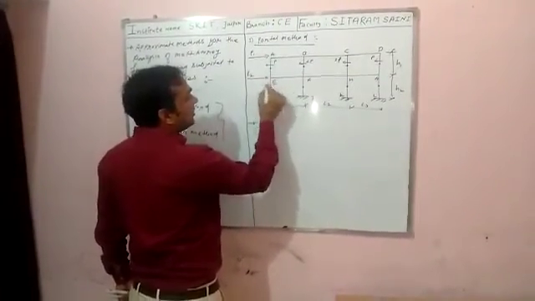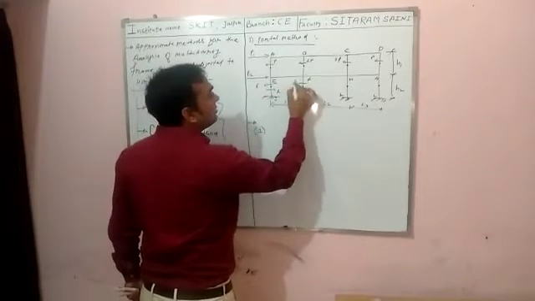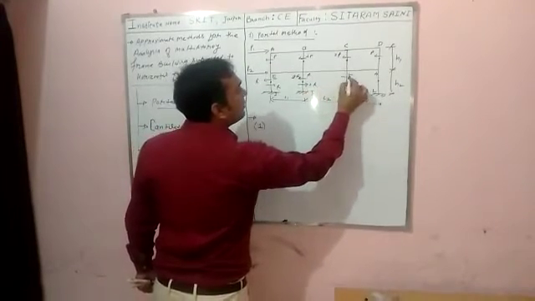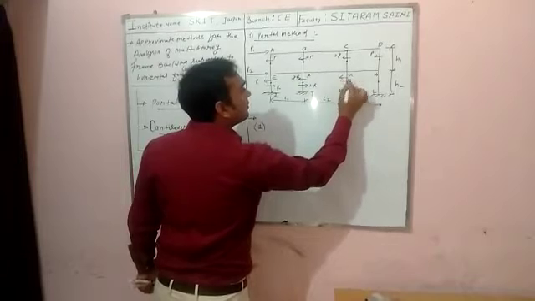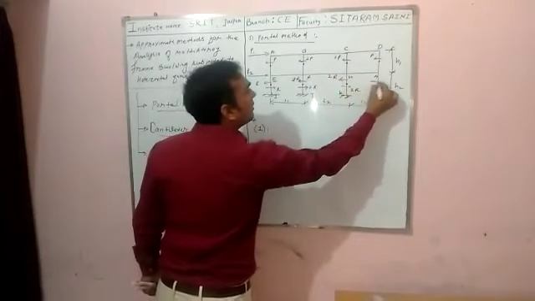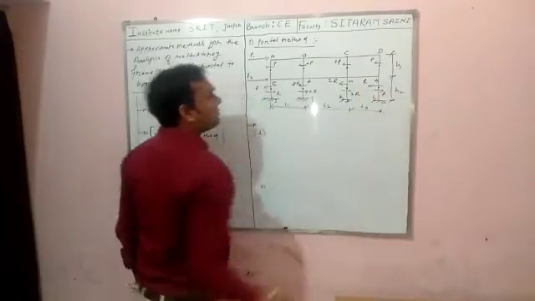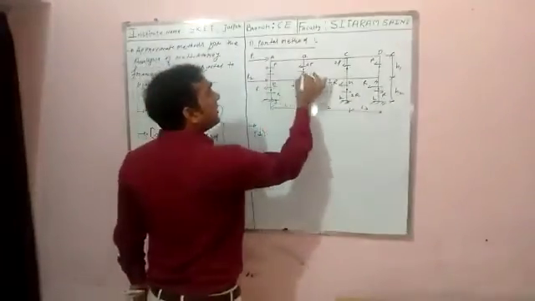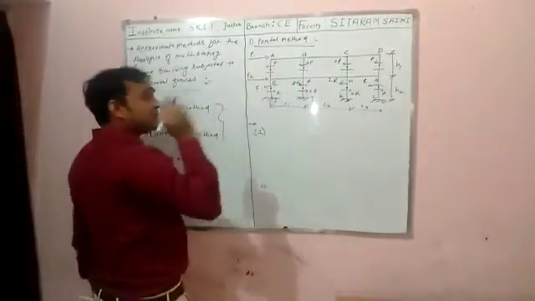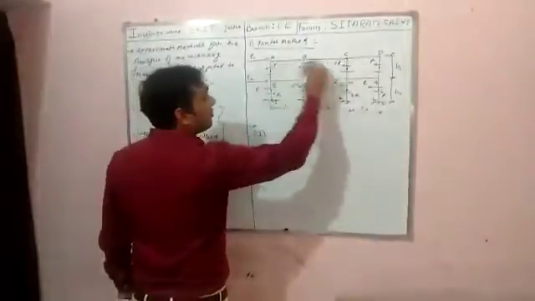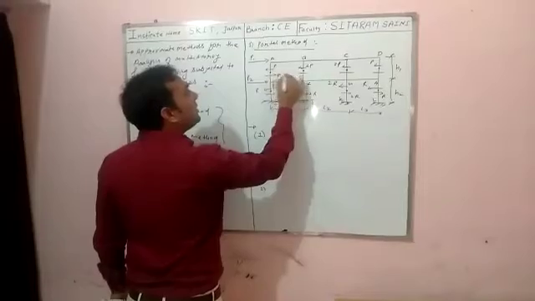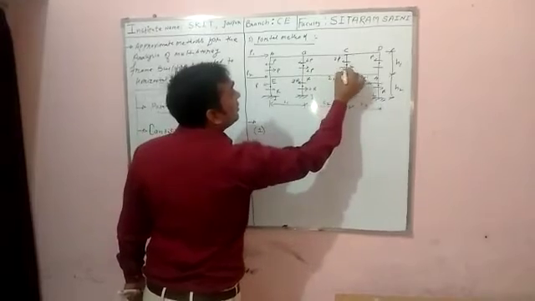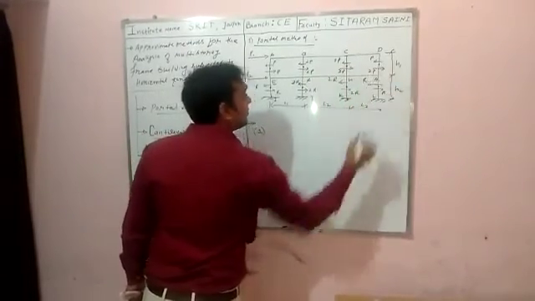And for the bottom story, R, similarly 2R, 2R, R. The horizontal force is shared accordingly: P, 2P, 2P, P.